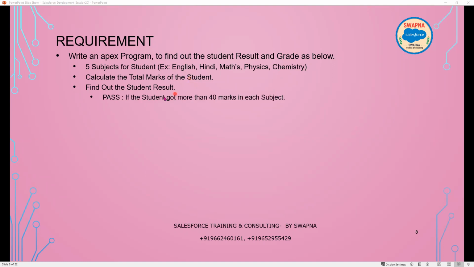If the student got more than 40 marks in each subject, then it is a pass, and I need to print the student result and total marks.